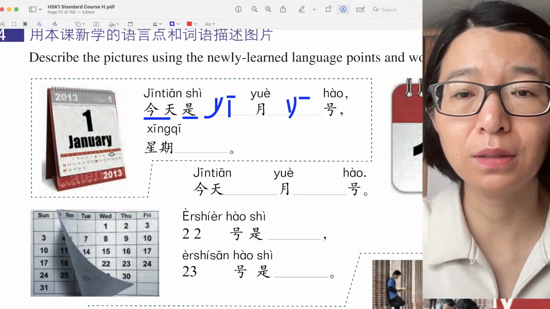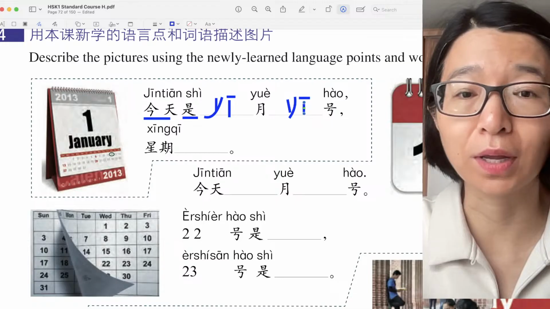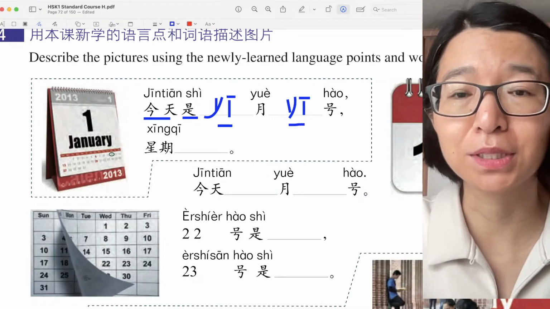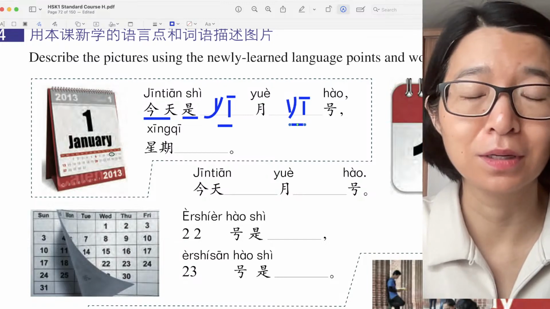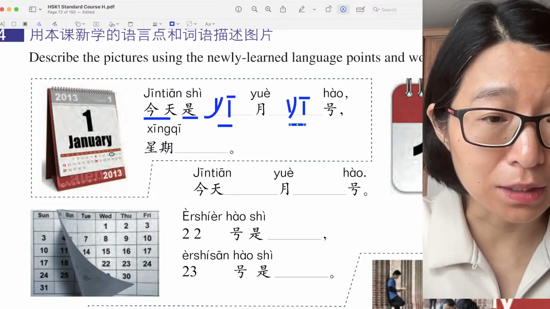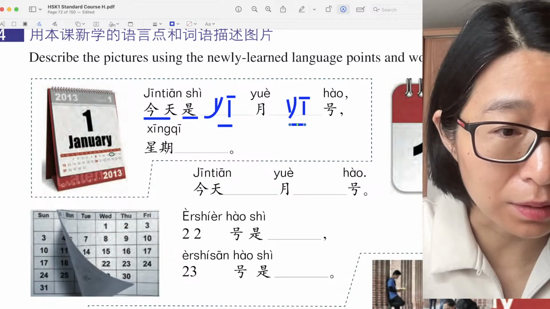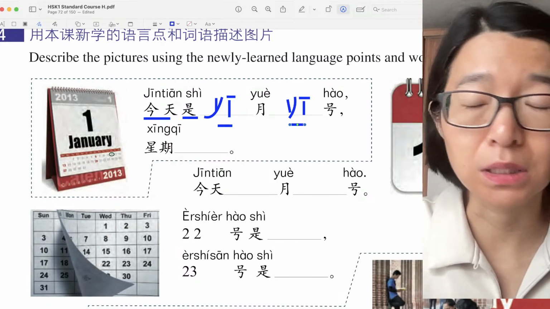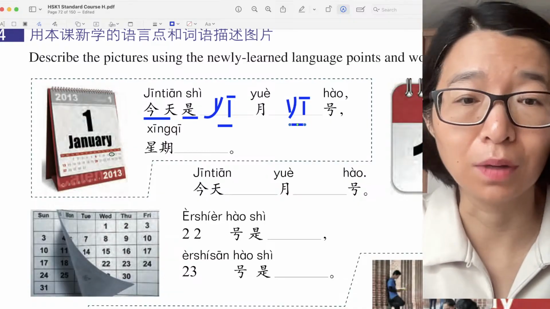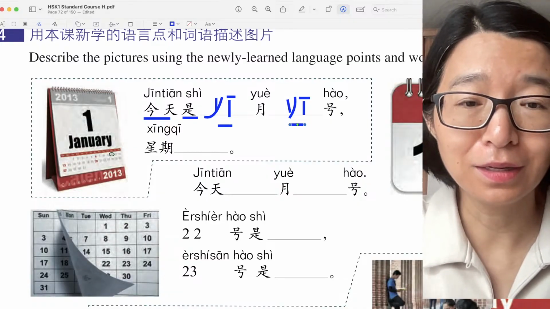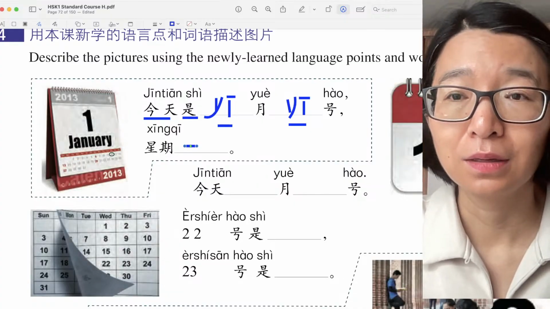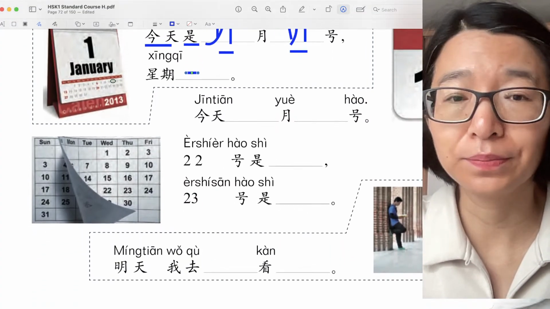If you want to write characters, it's much easier. And 星期几, it's quite blurry here and cannot be seen clearly. Suppose it is Monday. 星期一。Easy peasy.